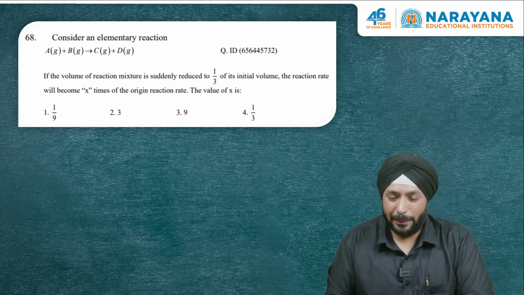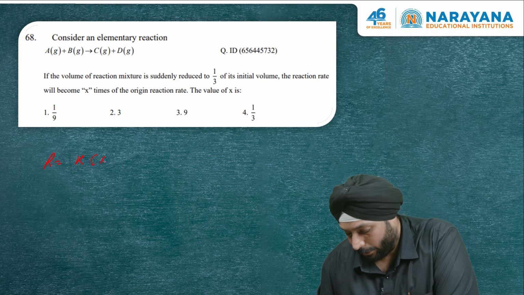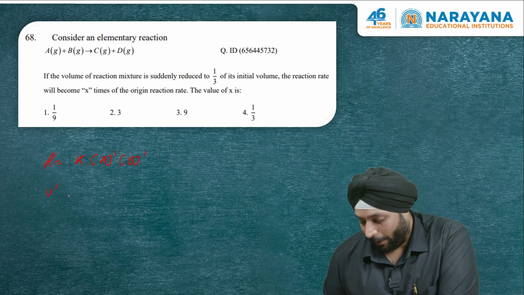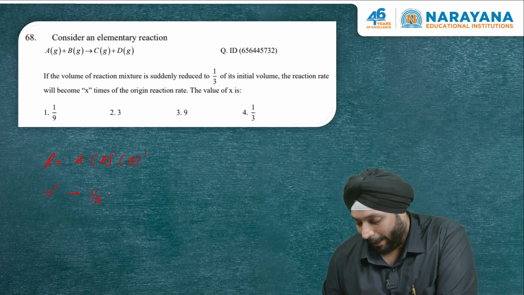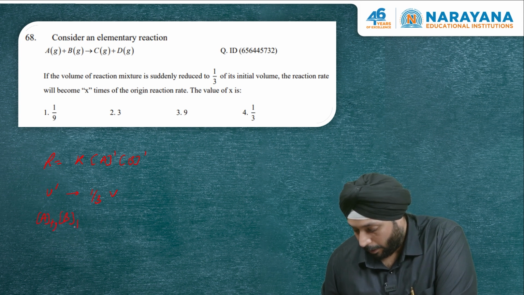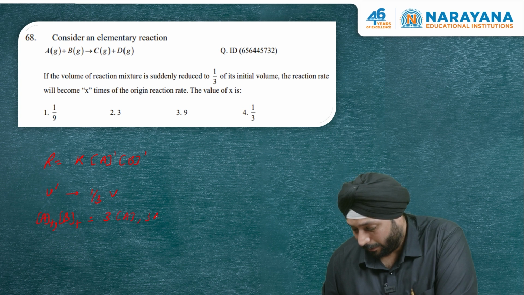Now listen, very simple question. According to the rate law, rate equals rate constant k into concentration of A raised to power 1, concentration of B raised to power 1, right? If the final volume becomes 1 by 3 times the initial volume, then the final concentration will become 3 times the initial concentration.